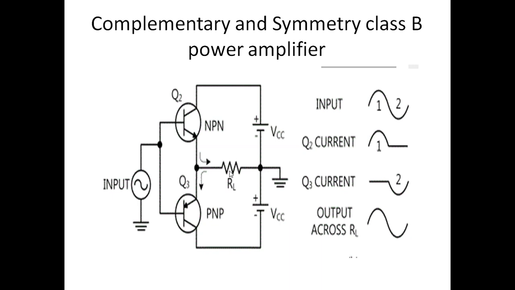So in class B push pull amplifier, whatever calculations we calculated, that is efficiency calculations, percentage of efficiency is equal to eta is equal to PDC by PAC, or the output power by input power.